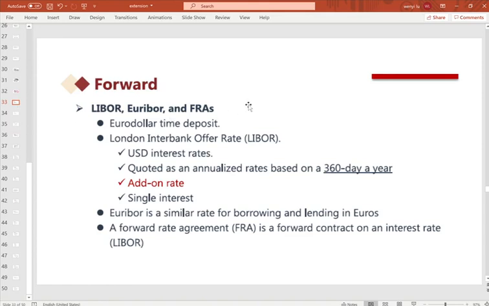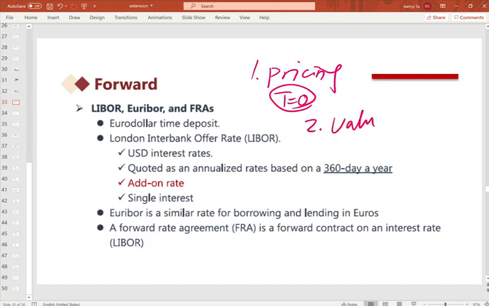Okay, so for the forward, there are some things we will do in this chapter. The first one is the pricing. If you want to purchase a forward in today's market, how much will you pay for this forward? That's our first job in this chapter. Second, we will also do something called valuation, or cash settlement.